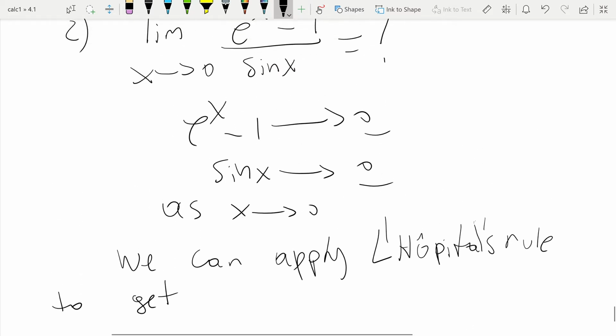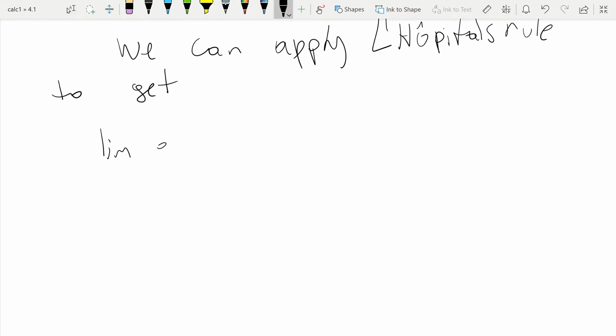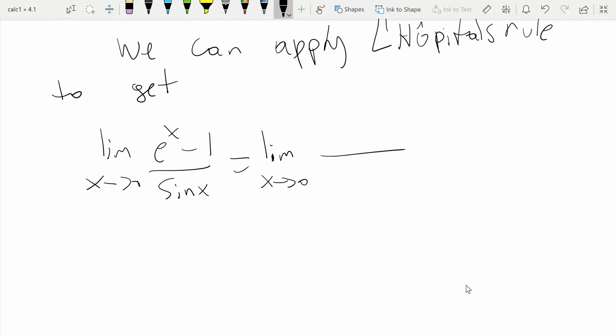And we get that this limit, e to the x minus 1 over sine x, as x approaches 0, is equal to the limit as x approaches 0 of the derivative of e to the x minus 1, which is e to the x itself, divided by the derivative of sine, which is cosine.